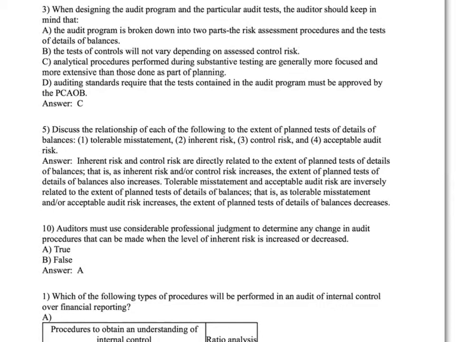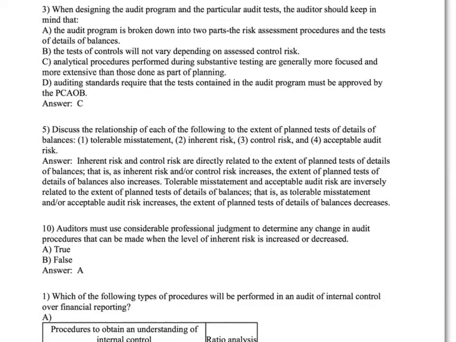Now discuss the relationship of each of the following to the extent of planned test of details of balance. So we've got tolerable misstatement, inherent risk, control risk, acceptable audit risk. Inherent risk and control risk are directly related to the extent of planned test of details. Those were the ones that we saw during the planning.